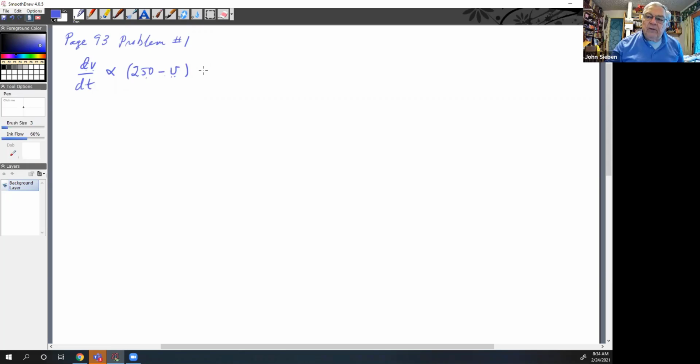So we can make this an equation if we say dv/dt is equal to, let's add a constant of proportionality in here, k times 250 minus v. So now we've got a differential equation instead of a proportion. And I know that rest to 100 kilometers per hour in 10 seconds.